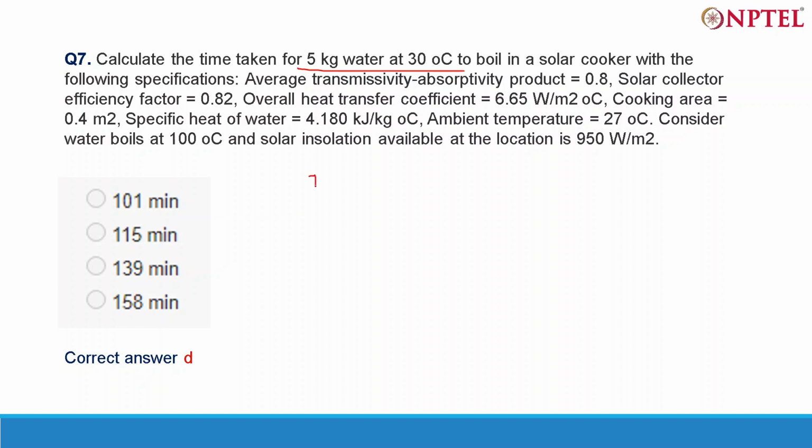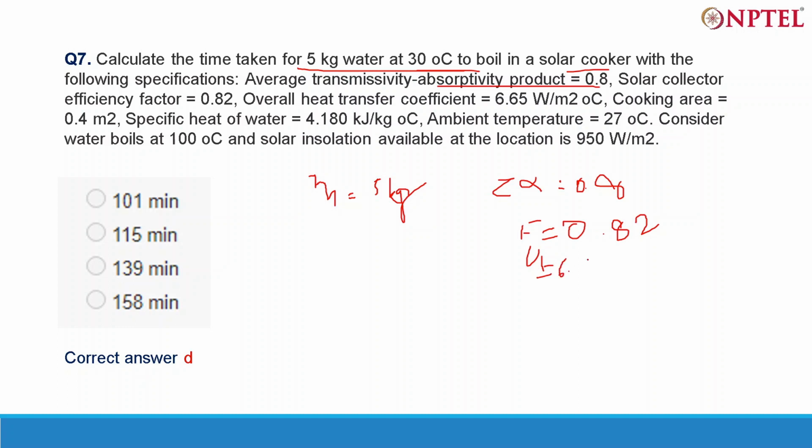So M is given as 5 kg. 30-degree oil is also given. Transmittance-absorptance tau alpha is given as 0.8. F is given as 0.82. UL is given as 6.65. AP is given as 0.4.